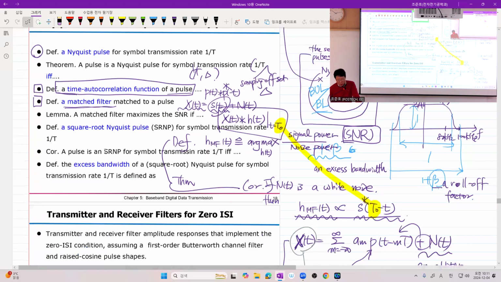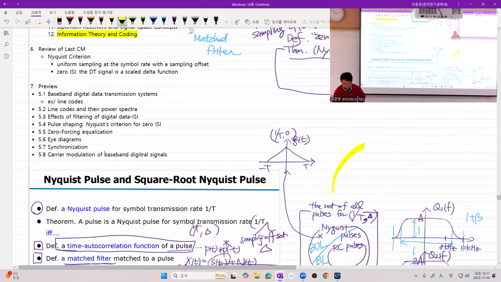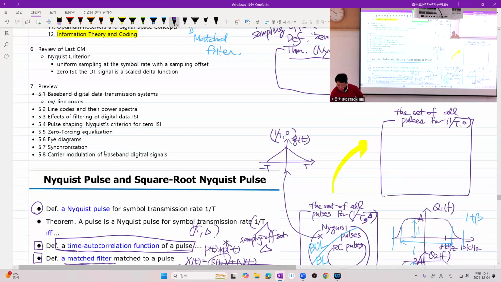Anyway, here goes a version of a Venn diagram. We have a counterpart for this Venn diagram. Now, this is the set of all Nyquist pulses. In order to make every discussion simple, let me use just offset 0. And here is another set different from this: square root Nyquist pulses. And here goes square root raised cosine pulses.